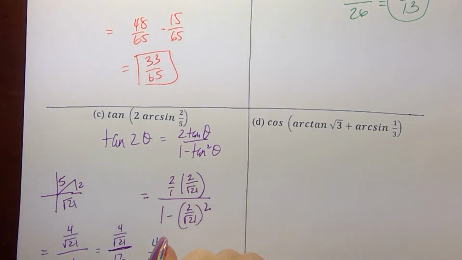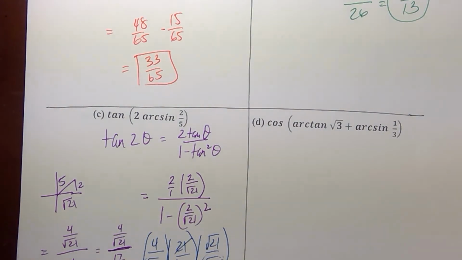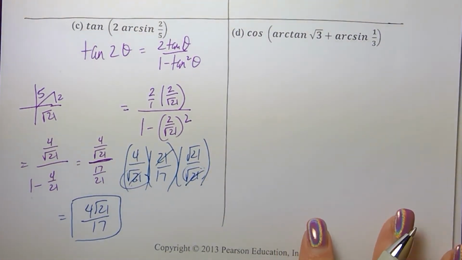So I've got 4 over square root 21 times 21 over 17. Then I need to rationalize because I've got that square root 21 in the denominator. Square root 21 times square root 21 is just 21, so that cancels out. I've got 4 square root 21 over 17 as the tangent of that double angle.